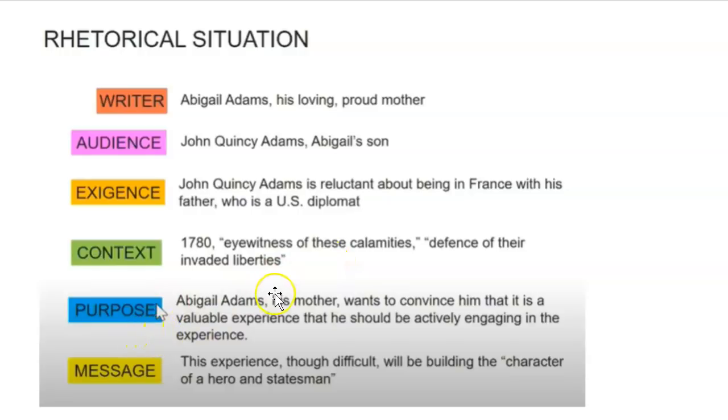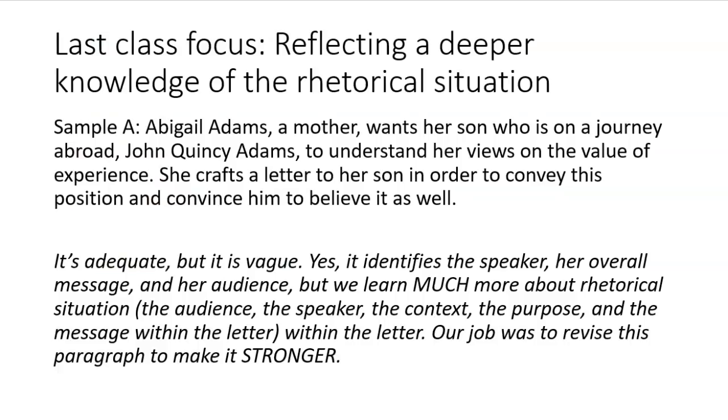The purpose: Abigail Adams, his mother, wants to convince him that it is a valuable experience, that he should be actively engaging in the experience. As we know a little bit more about the audience too, he was really reluctant to travel, and so she's trying to encourage him to take advantage of this opportunity and gain more experience. Her message is, this experience, though difficult, will be building the character of a hero and a statesman.